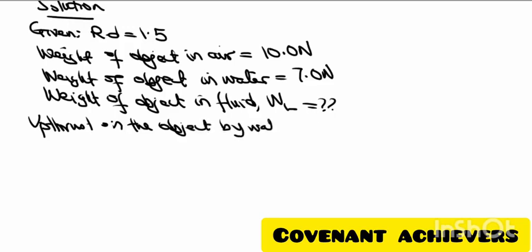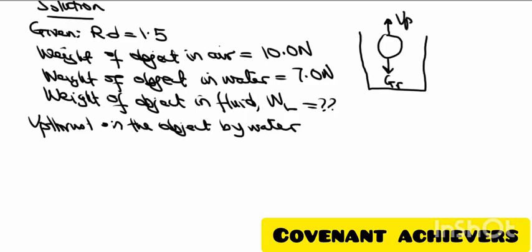When you immerse an object in water, we have two forces. This is the force due to gravity, and this is the upthrust, opposite that of gravity. And that is what we are going to use in solving this question.